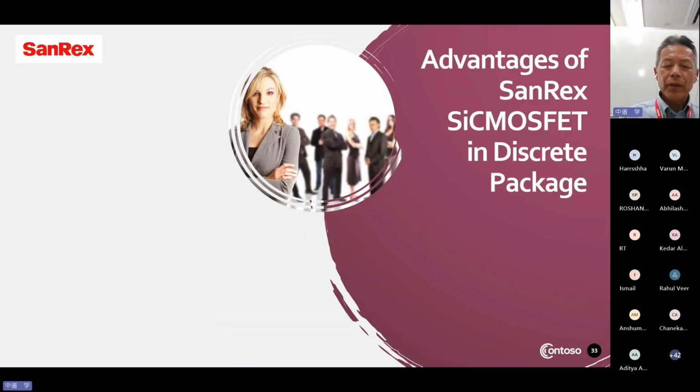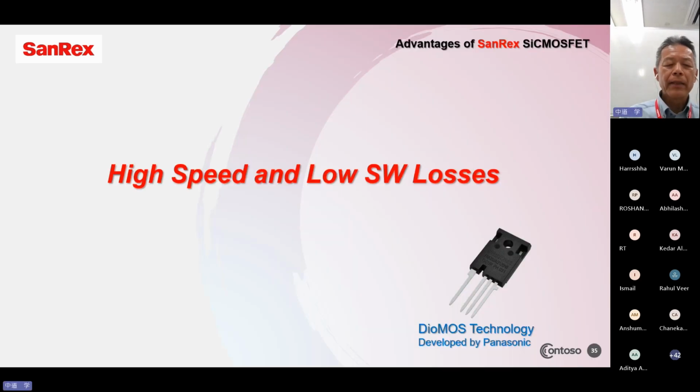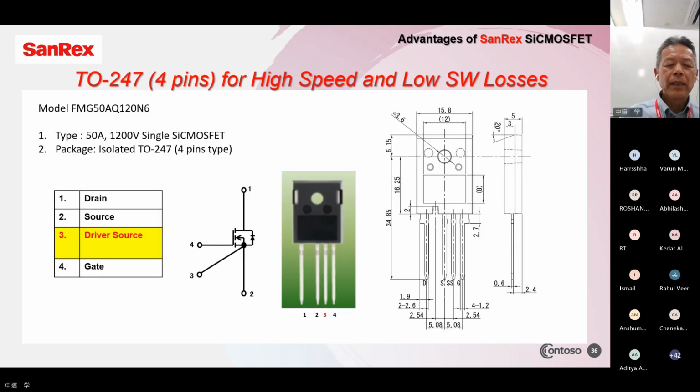And next, let me tell you about the silicon carbide MOSFET advantages in the discrete package. Advantage number 1, high speed and low switching losses. Our package is TO247 with 4 pins, so there is an additional terminal, the drain source, number 3 pin.